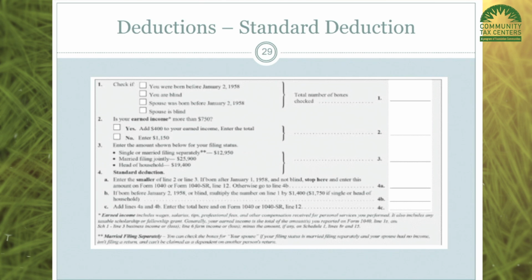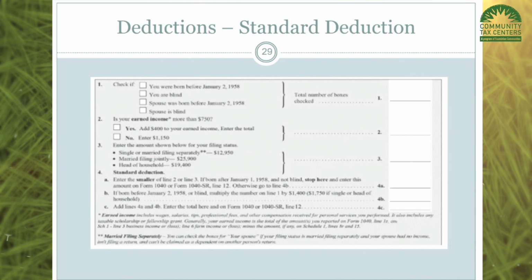And then also for those individuals who are claimed as a dependent, it's going to take a look at their earned income or unearned income. So if they have earned income, it's going to take their earned income and it's going to add the $400. So pretty much their standard deduction will be up to a single individual, which is at $12,950. If it is unearned income, it's going to be that $1,150 on there.